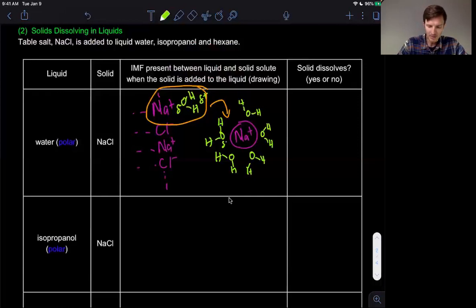And that's because we have this negative charge on our oxygen and this partially positive charge on our hydrogen.